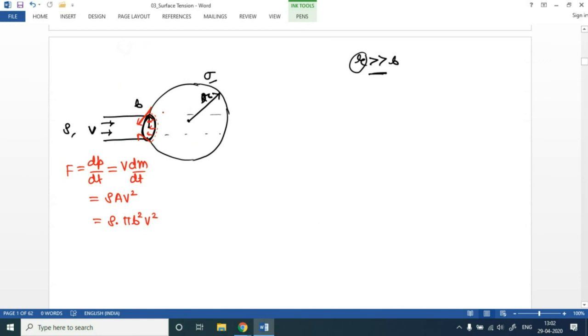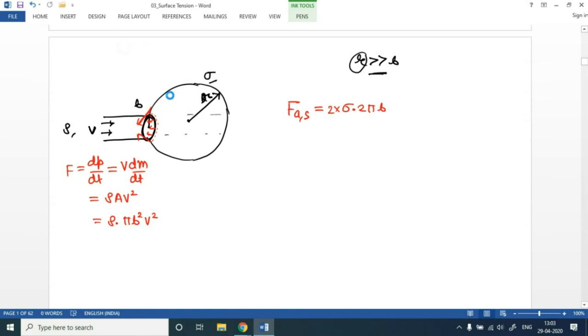The axial component of the surface tension force is sigma times the length, 2 pi b of this periphery, multiplied by 2, because we have a thin membrane which has two surfaces.